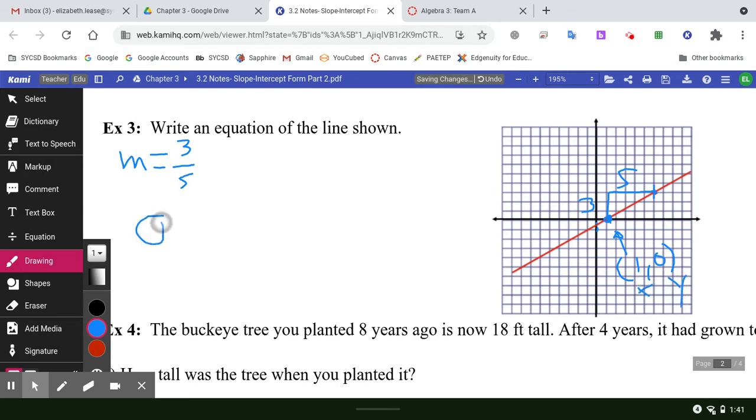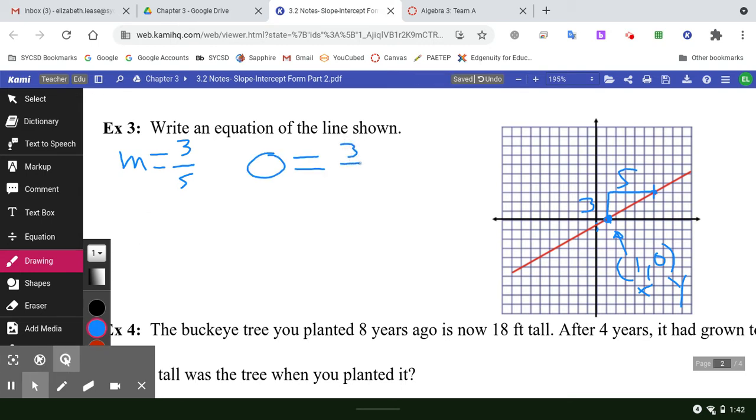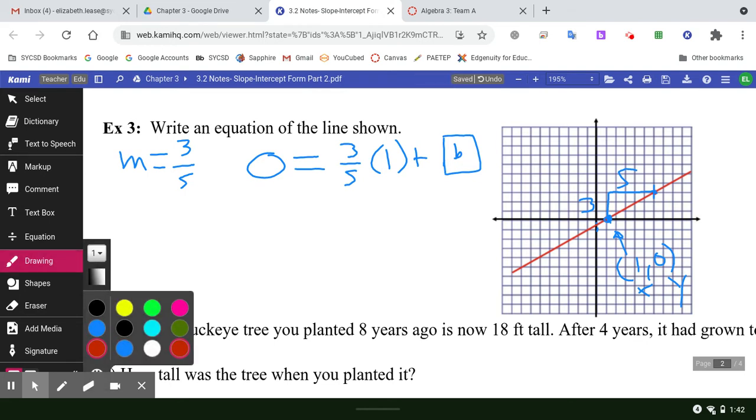That tells me that 0 should equal 3/5 times 1 plus my starting point. Well, if I'm solving for b, then 0 equals 3/5 plus my starting point.